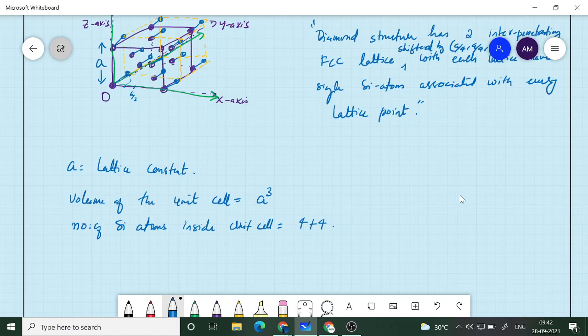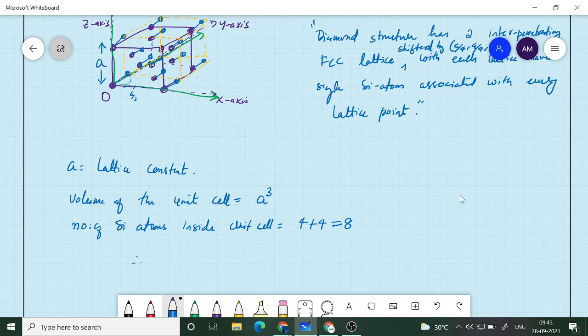So one atom will come from the corner, which belongs to the unit cell, and then we have 6 faces, and each of them is shared by 2 unit cells. So half is what effectively belongs to one particular unit cell, and there are 6 of them, so half into 6 is 3. So that is how we get the first 4, and the second 4 is because we have introduced the second FCC lattice, out of which 4 of them have gone inside the first unit cell. So therefore 4 plus 4, which is equal to 8.